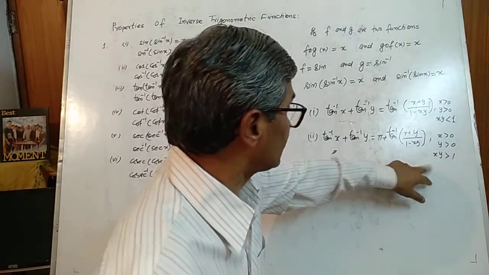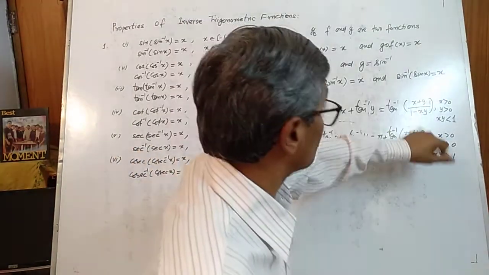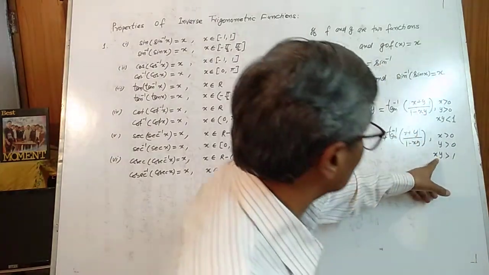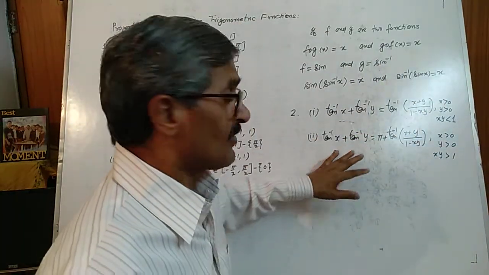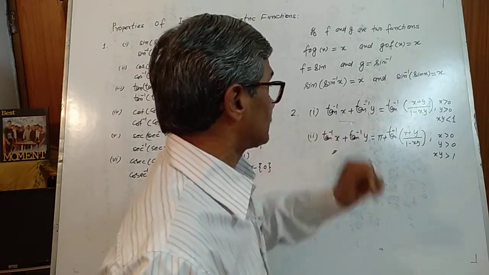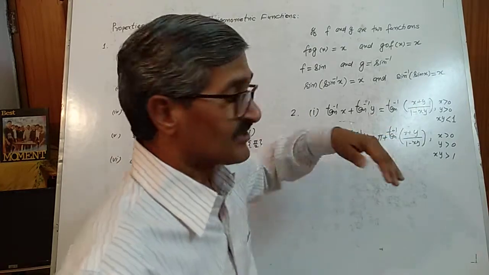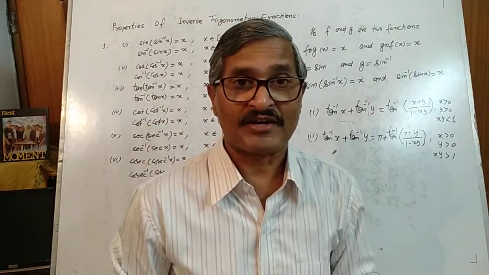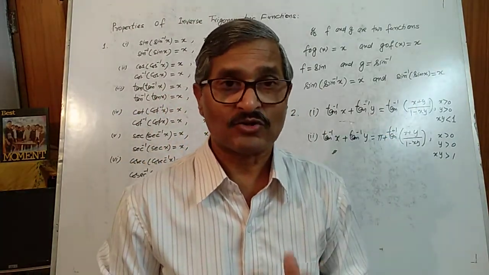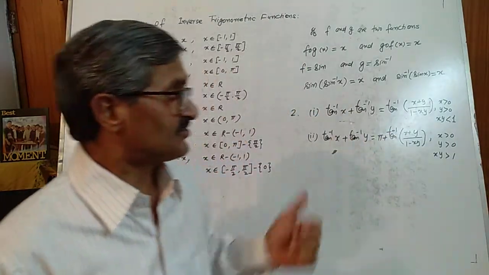If this is the condition, then this relation will be applicable, not the earlier one. So we have to remember this also. Otherwise, if you are applying the tan inverse identity directly, then you are going to make a mistake. Same way, other domains are very important. You must remember the domain also with the properties. Please note down this.